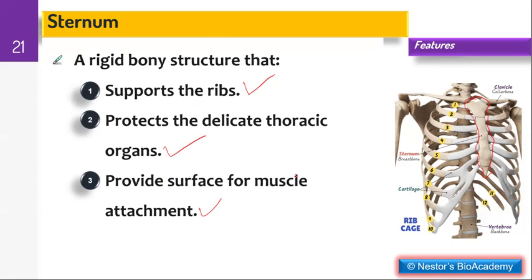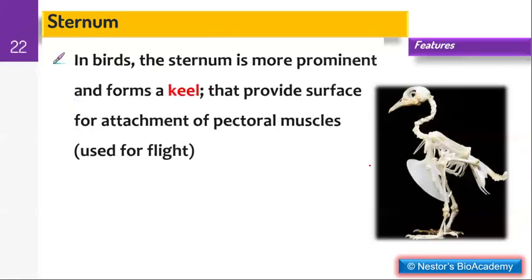In a good number of mammals, the sternum is not that well developed. But if you look at the birds, the sternum is very much pronounced. The structure I'm highlighting here is actually a prominent sternum. We call it the keel, but the keel is simply a very prominent sternum.